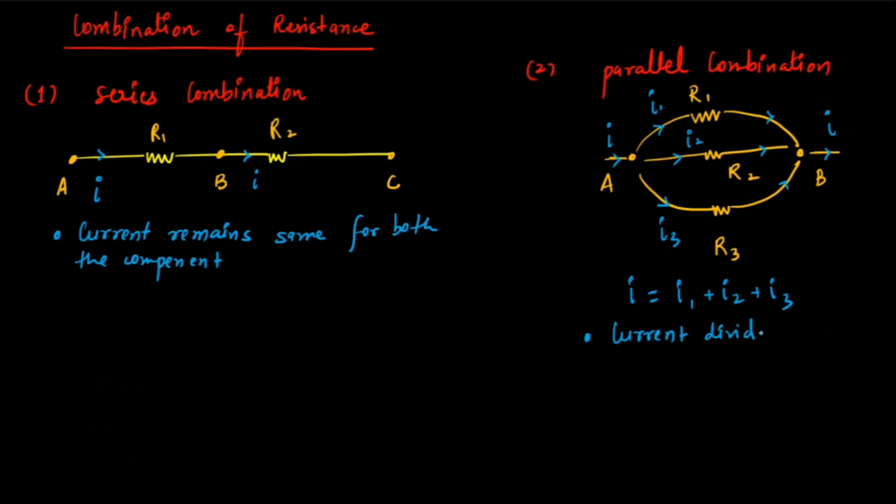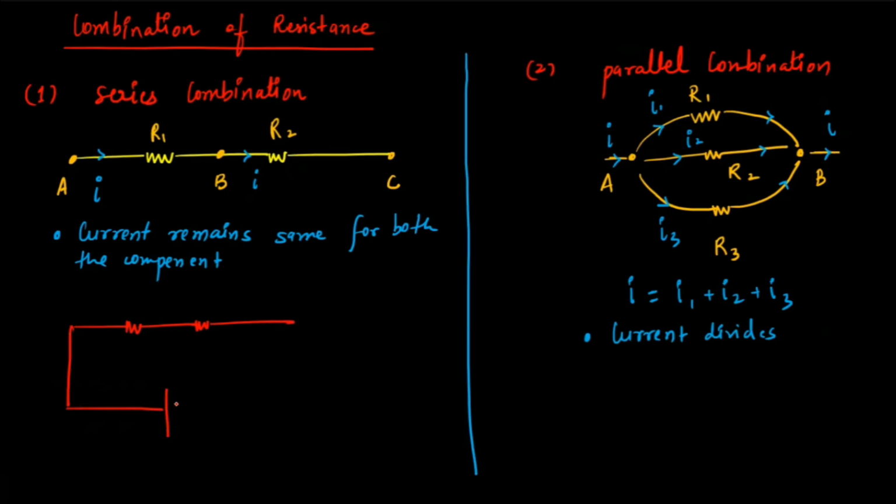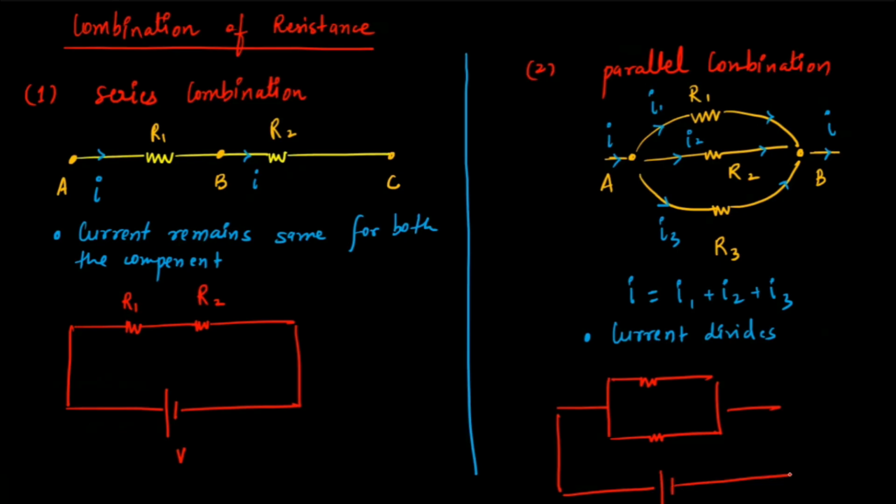Here the current divides. Now let's move to the circuit and find out what the value of resistance should be in each case. I'm considering two resistors connected in series, and these two resistors are connected to a battery of some potential V. I'm marking them as R1 and R2. Similarly, in this parallel combination case, the resistors are connected this way and connected with an external battery.